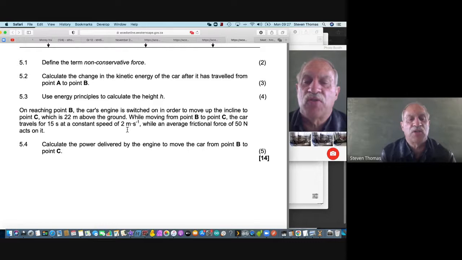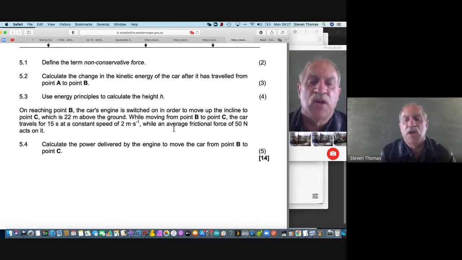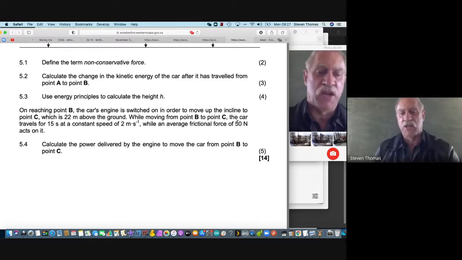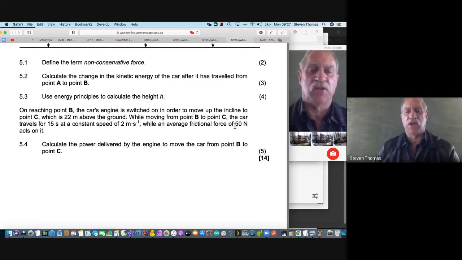So it travels 30 meters, so force times the distance, which is 30, cos 180, because that is negative. So there is our total work done by the frictional force. It's going to be force, which is 50. Don't forget it's a minus force, negative 50, times distance, which is velocity times time, which is 30. 50 times 30 times cos 180, which is going to give us a negative answer.